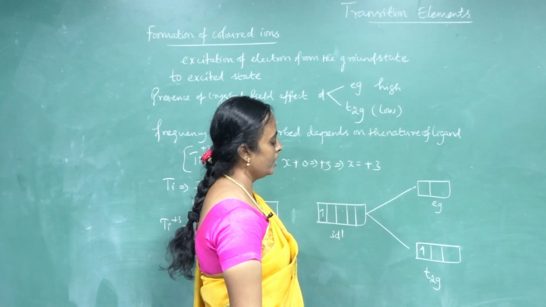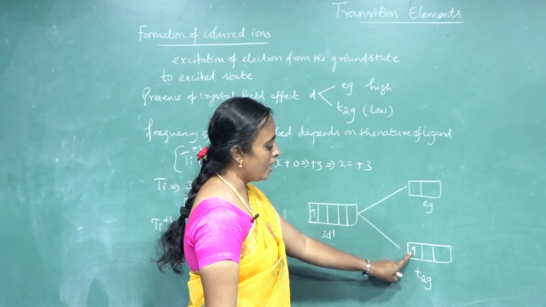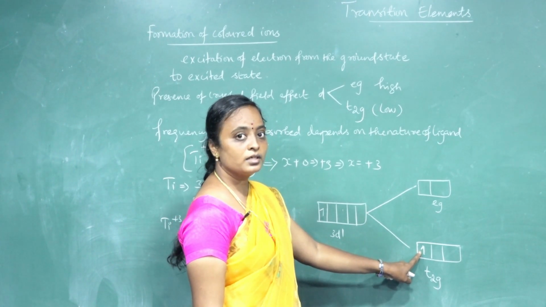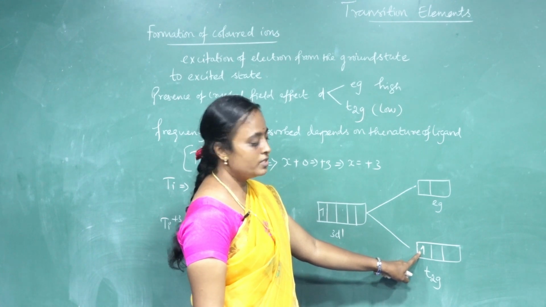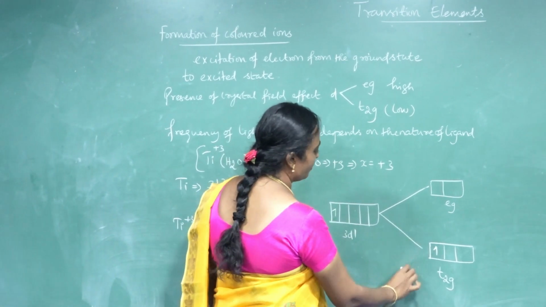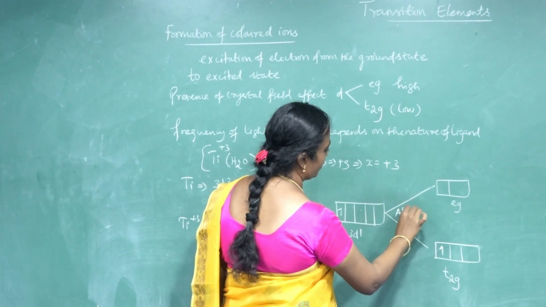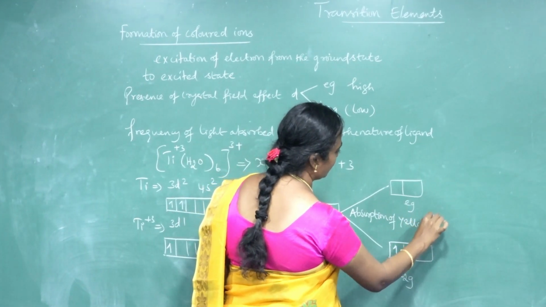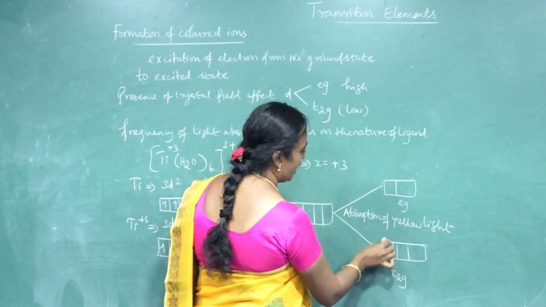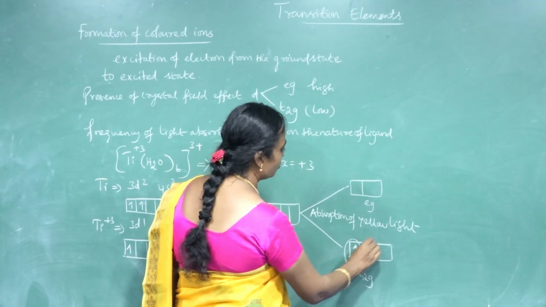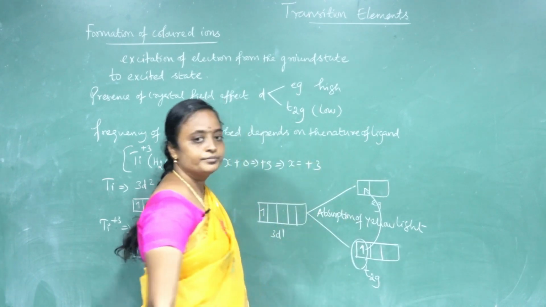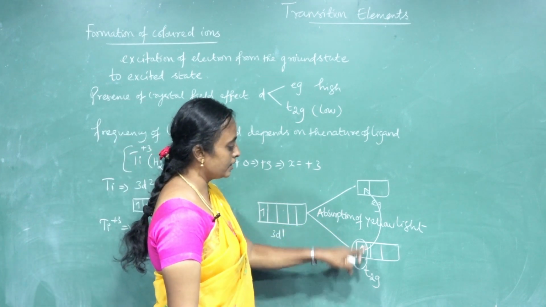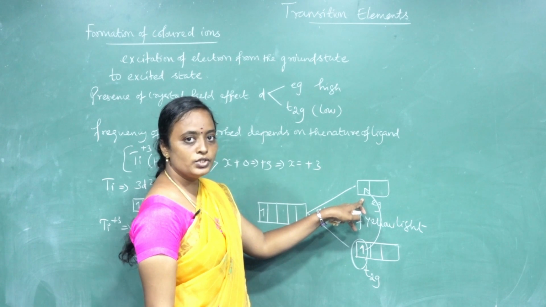Now this electron absorbs energy from visible light, specifically absorption of yellow light. That one electron is excited to the higher eg orbital.